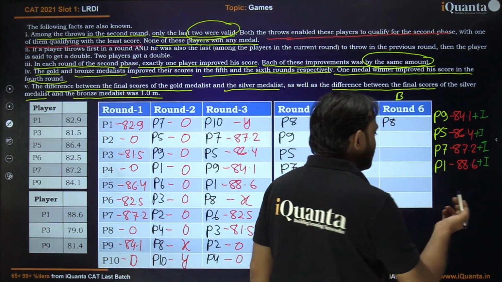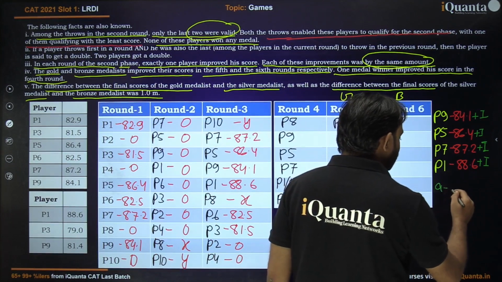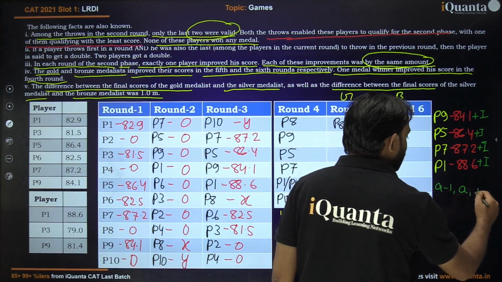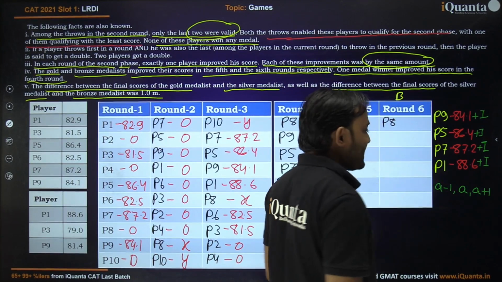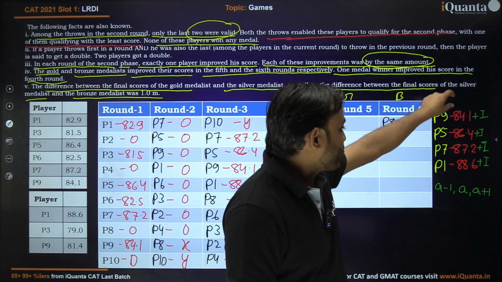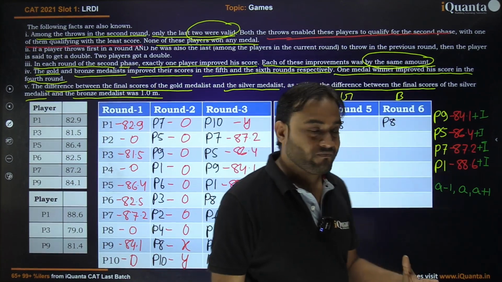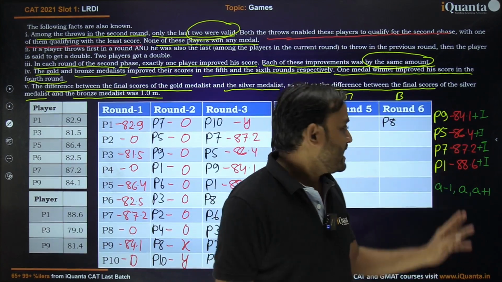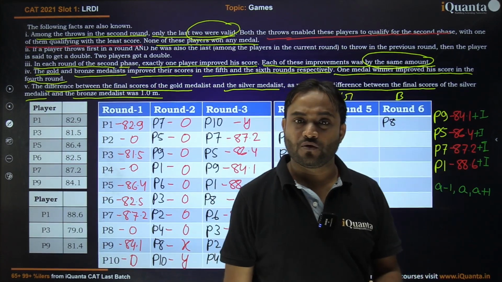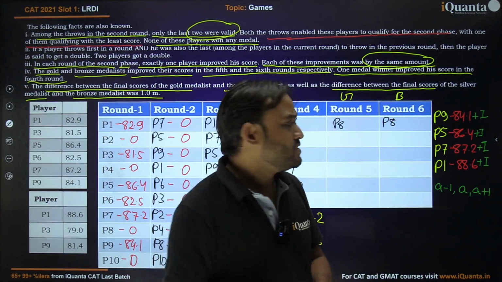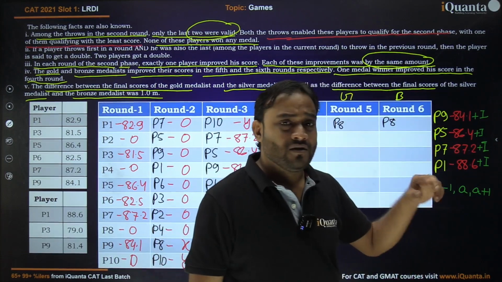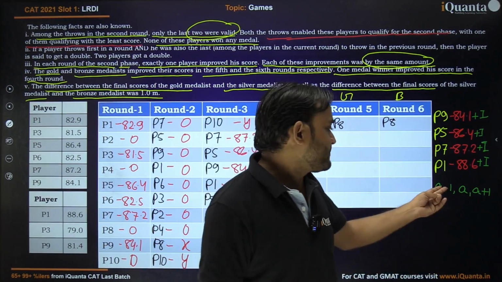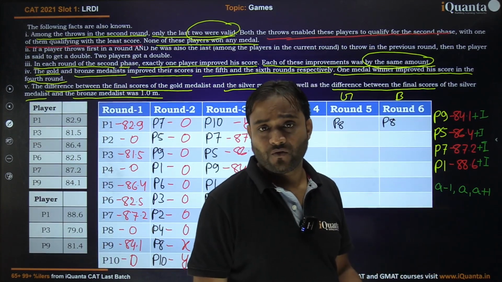Something like if one of the scores is A minus 1, then the other must be A and then A plus 1. For that, can we say the decimal point should be the same? But now all the decimal points are different. If you take any 3 of these 4, improve by the same value, as their decimal points are not the same, the difference is never going to be 1, right?